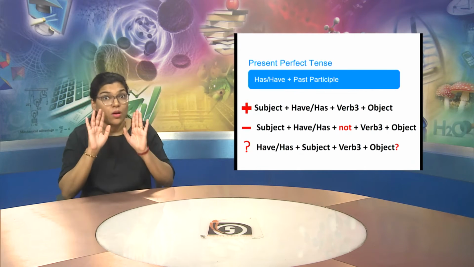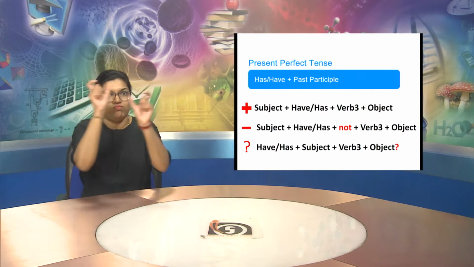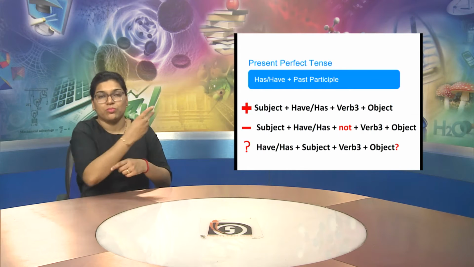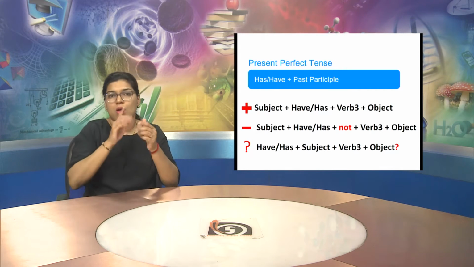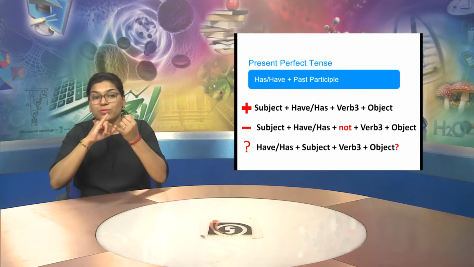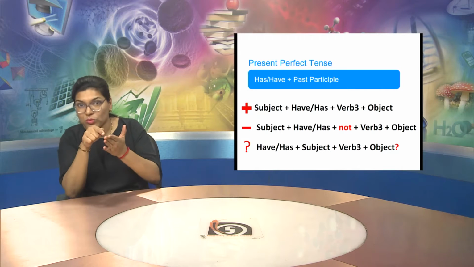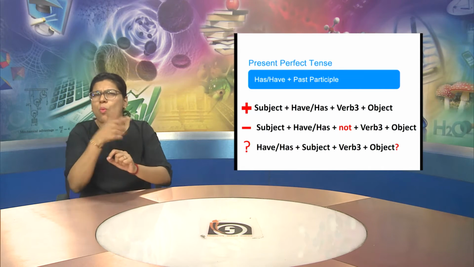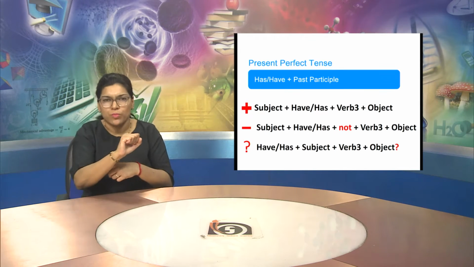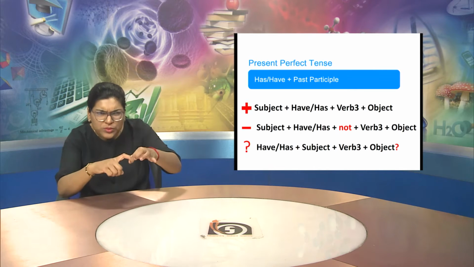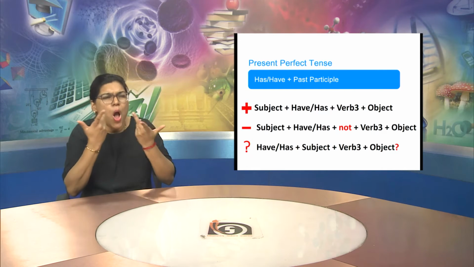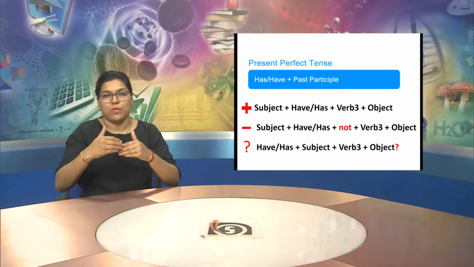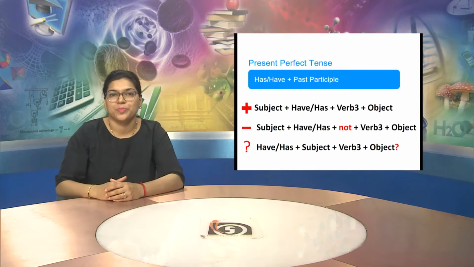And the third line indicates question sentences, or you can say interrogative sentences. In this, the sequence of the words would be as it is shown on the screen. First has and have would be used, then subject, then third form of verb and object.